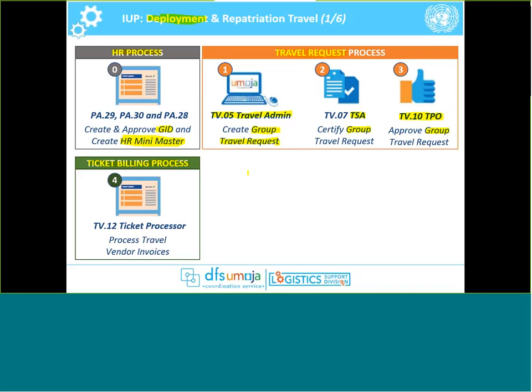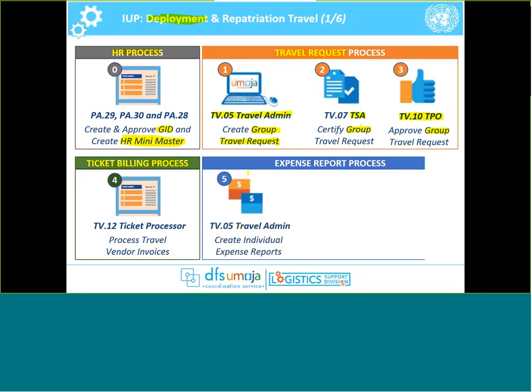So the only requirement is that the travel request is fully approved, and then you can initiate the shipment request. Regarding the spend report, remember that you can only initiate the spend report after the trip end date. So after the trip has finished, after the IUP has reached the mission, the travel administrator will be able to submit the individual spend reports.